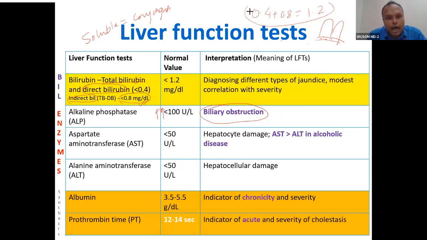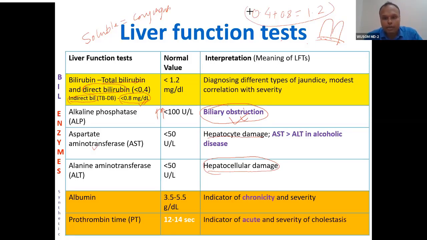If there is high alkaline phosphatase, this means there is biliary obstruction. Only one meaning: alkaline phosphatase means biliary obstruction. I have already given you the significance of AST and ALT. When AST and ALT rise, it signifies hepatocellular damage, because these enzymes are residents of the liver cell, the hepatocytes.